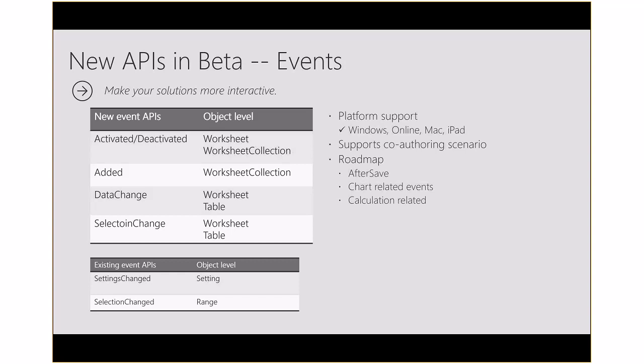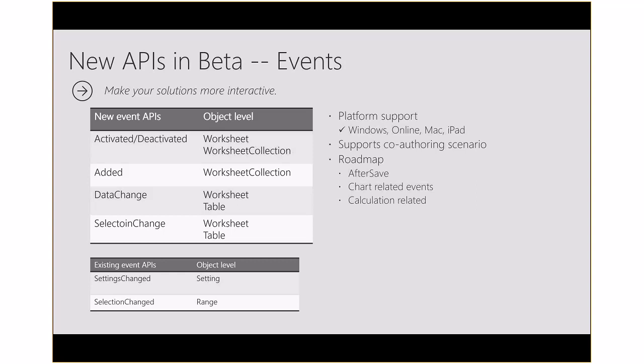Now you can do that in a much more straightforward way by adding data change on the worksheet or the table level. You can also do selection change registration on the worksheet and table level. These are all the new events that are in the beta public preview right now, so you can try that out. They're available on Windows, Online, Mac and iPad platforms at this point.